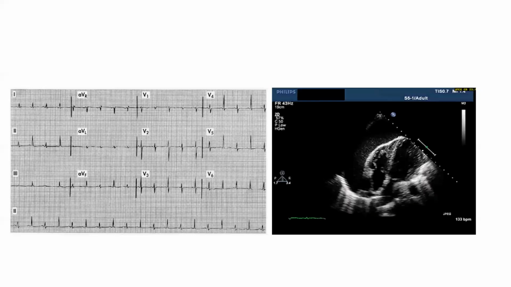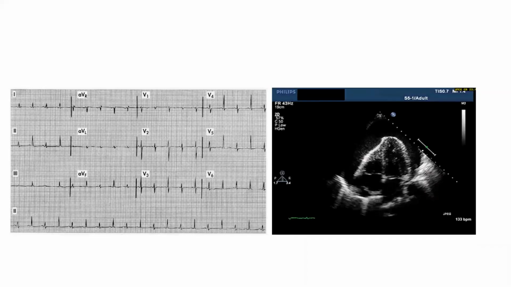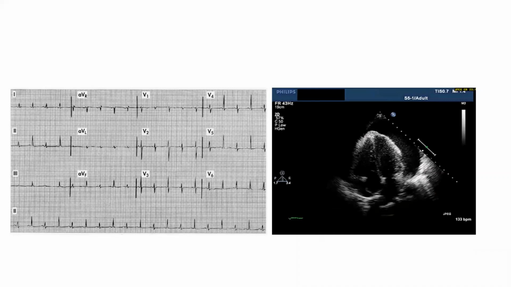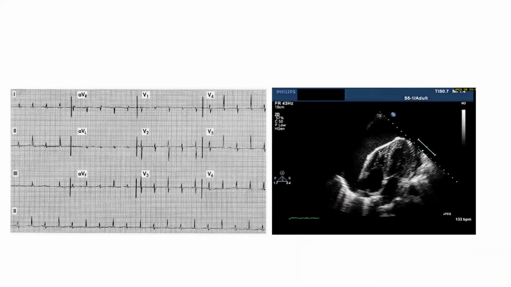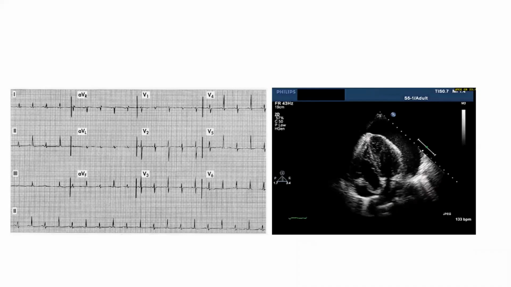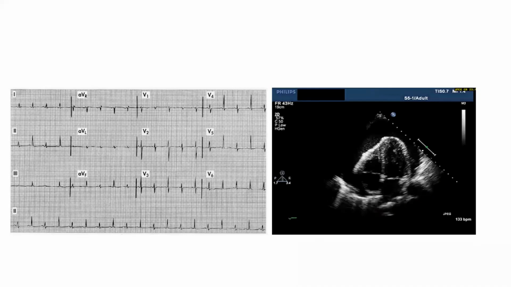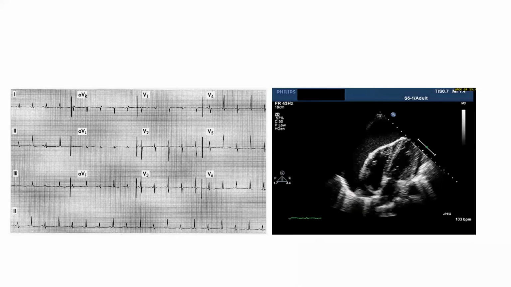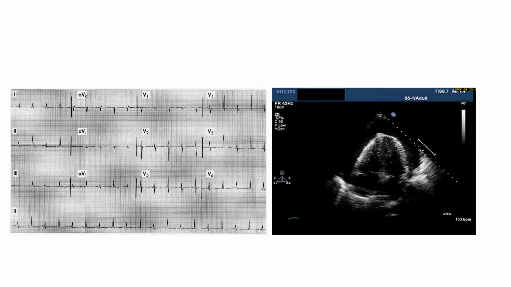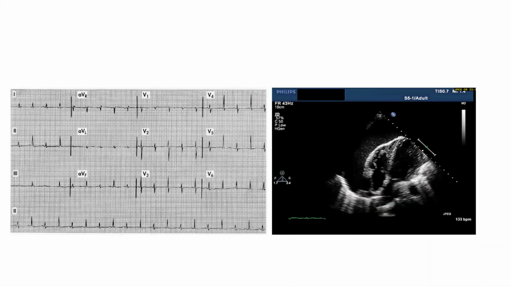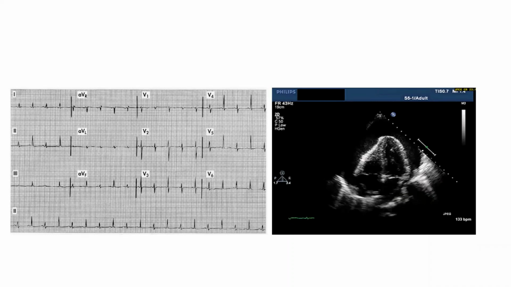Tamponade creates interventricular interdependence. In the echo, it is correlated with pulse wave in the mitral or tricuspid annulus, giving variation with inspiration.